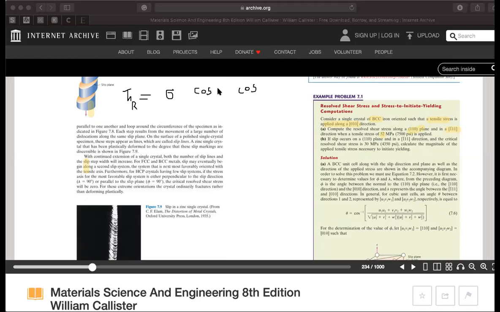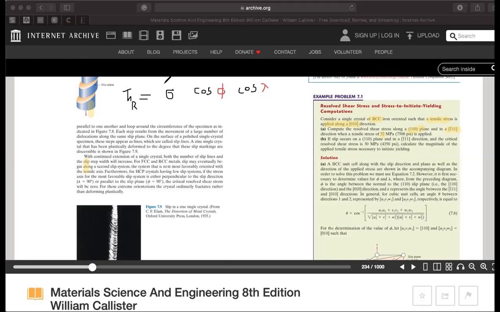The first angle is phi, and this one is lambda. Phi correlates the relative orientation between the normal to the plane and the applied load, and lambda is between the slip direction and the applied load.